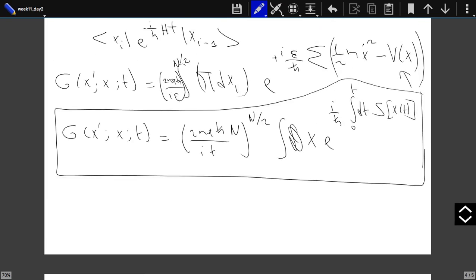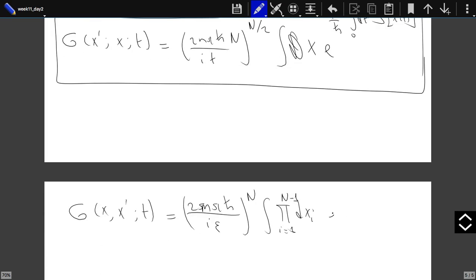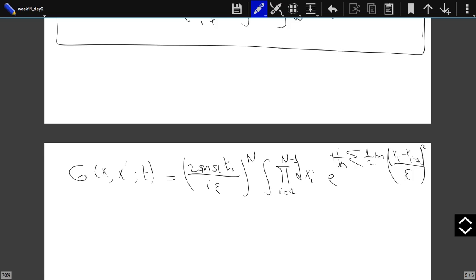And then in the exponent, we have e to the power i over h bar, sum over 1 over 2 m (x_i minus x_{i-1}) squared over epsilon. Now let's start taking these integrals one by one. Let's start with x1.